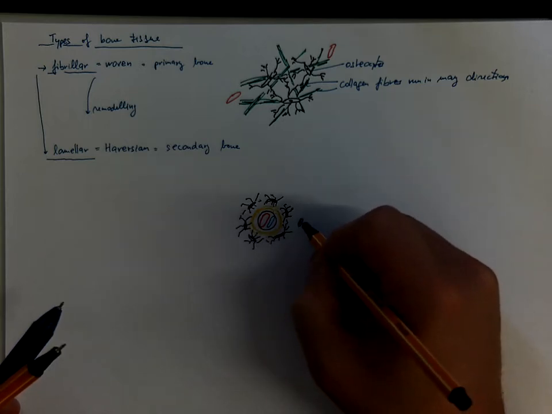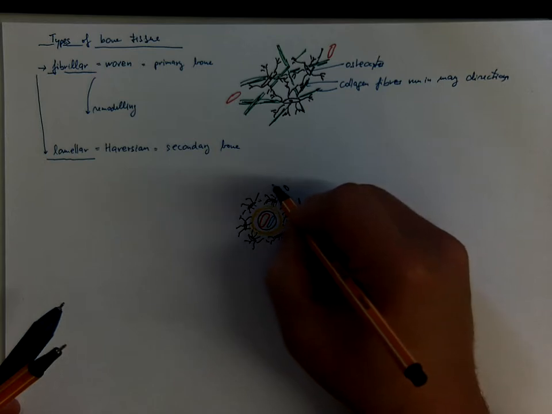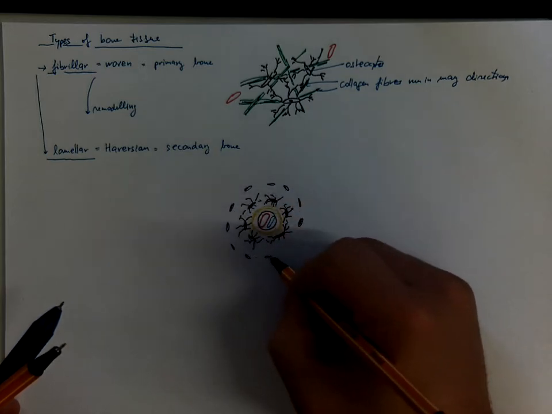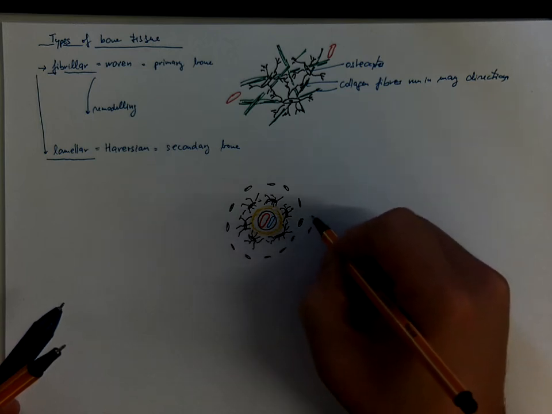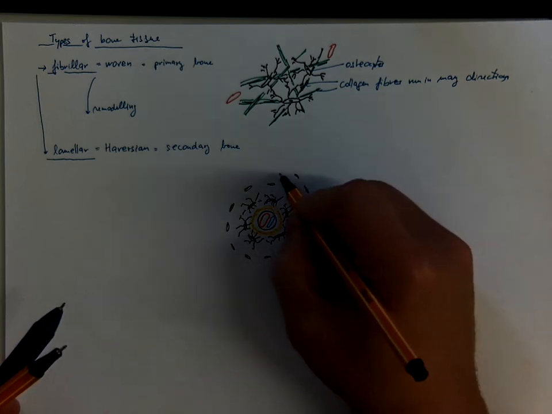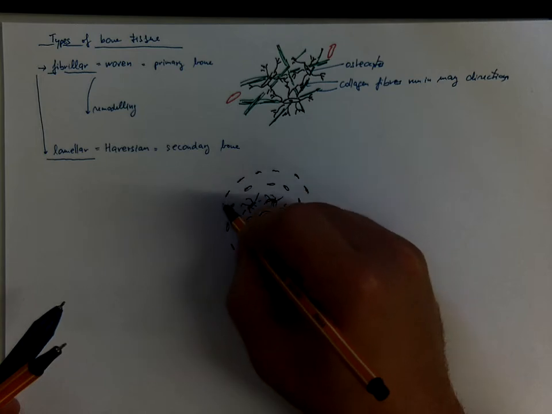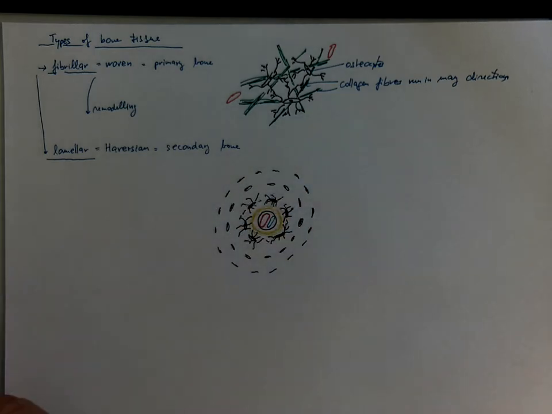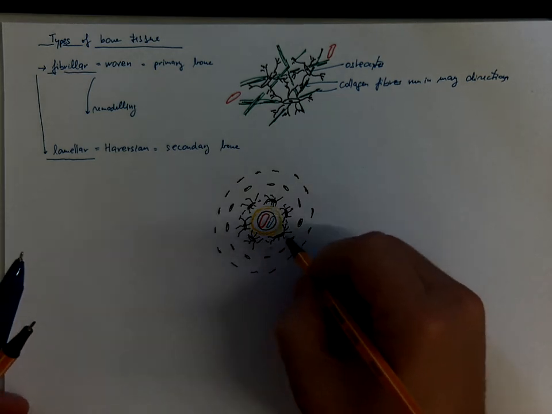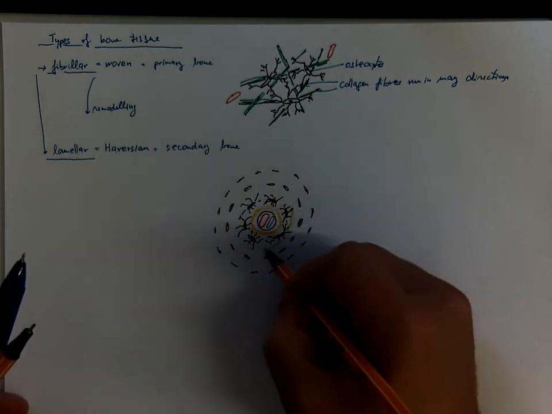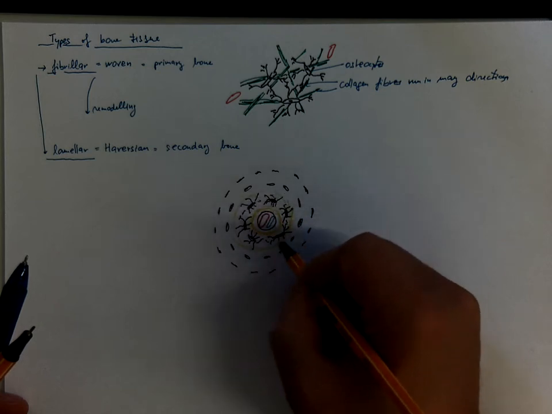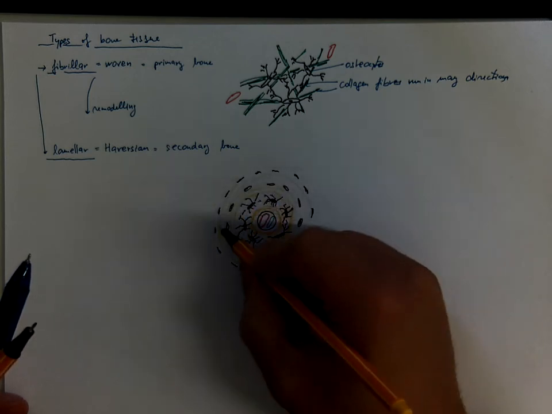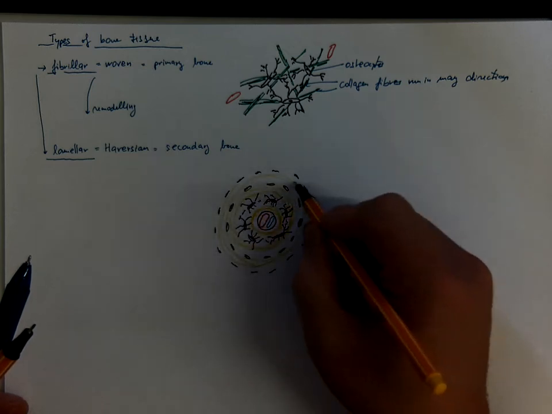And you have more of these concentric layers of osteocytes. Okay. And among these osteocyte layers you have lamellae of bone matrix. So there are preferential orientations here.